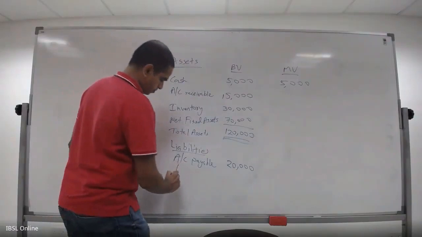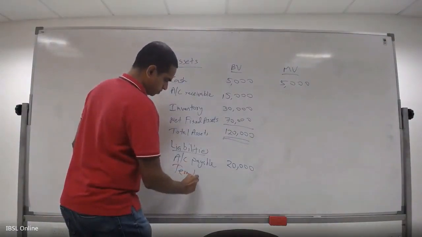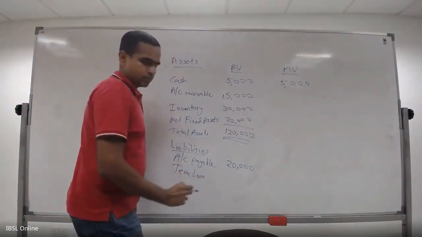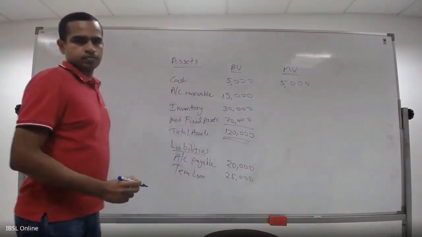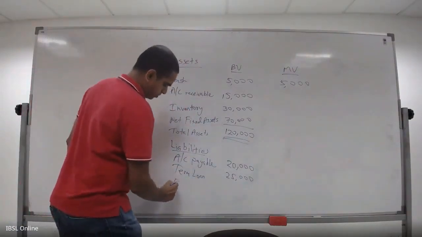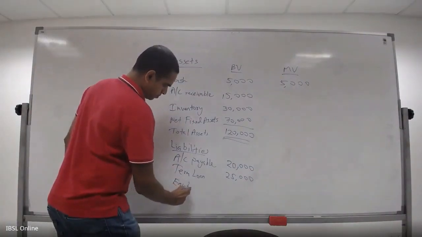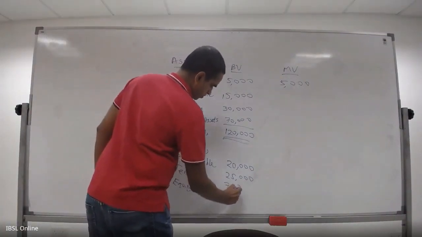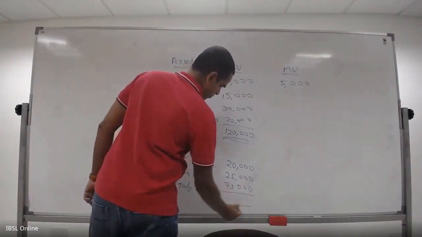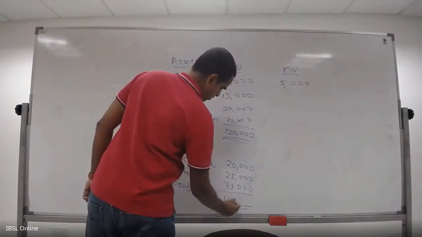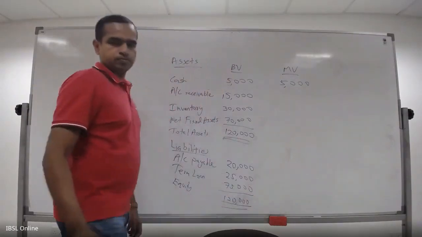Term loan: 25,000. Equity: 75,000. So it's 120,000 again.